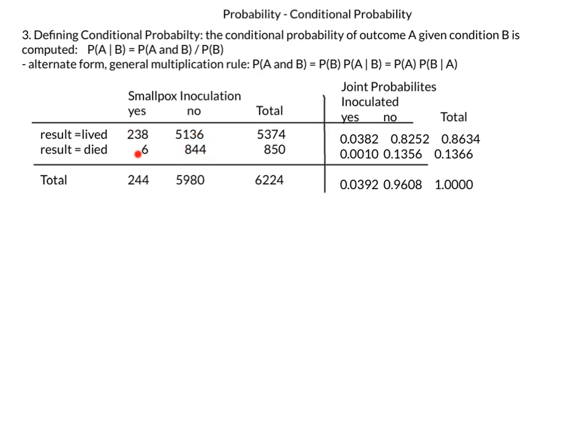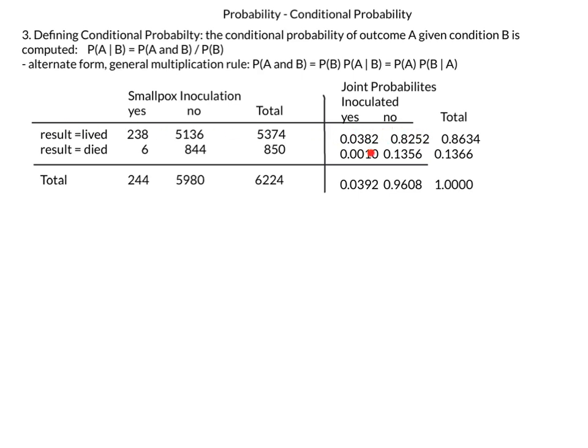Also, these numbers between how many lived and died, it seems like a lot more was on the no, but that's because so many more people did not take a vaccination, which will also explain now our joint probabilities. So this here is the probability that someone was inoculated and lived. This is the probability someone was not inoculated and lived.